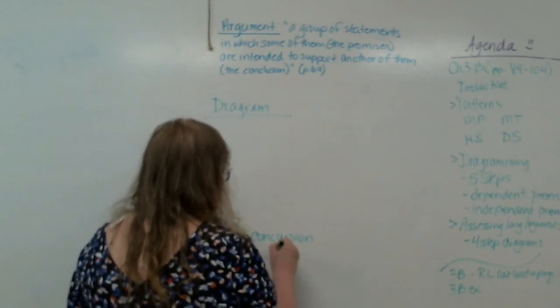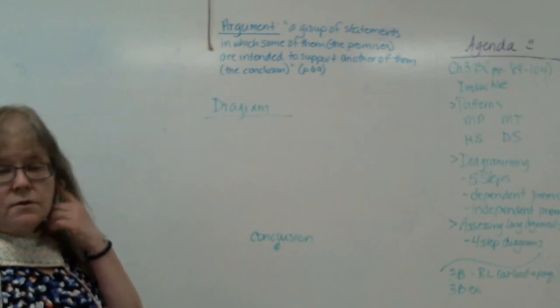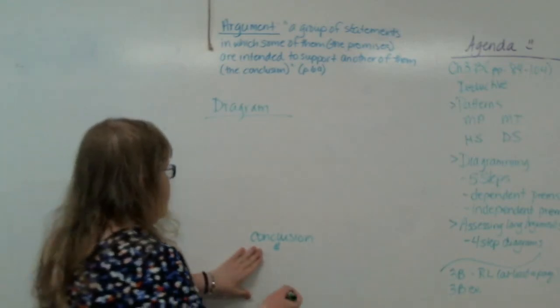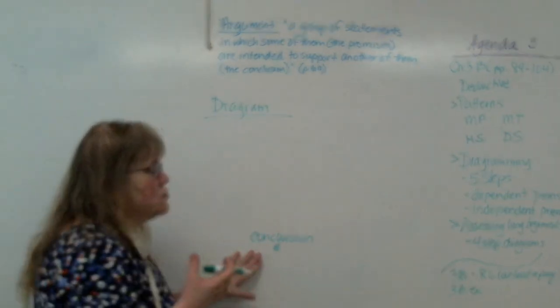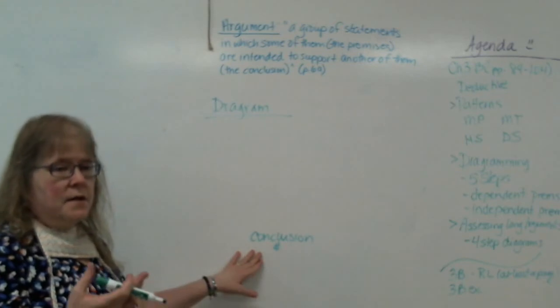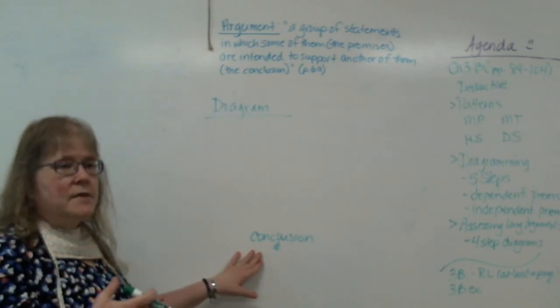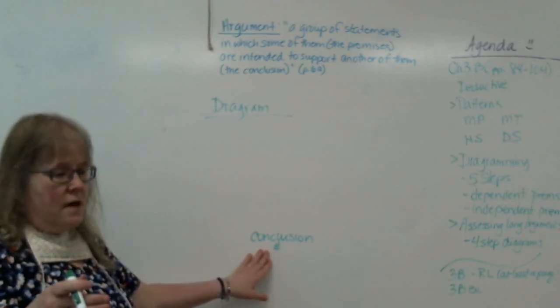Sometimes it's the first sentence, sometimes it's the third sentence, sometimes it's the 10th sentence. It just depends. So whatever number that is goes to the bottom. And then you're going to set up the structure depending upon how the statements relate to the conclusion, and sometimes how they relate to each other.